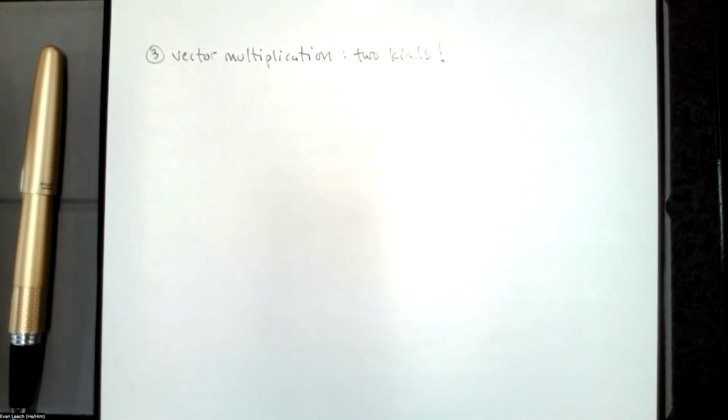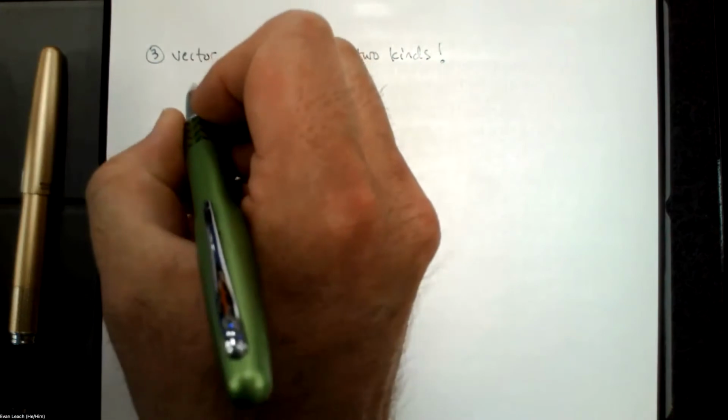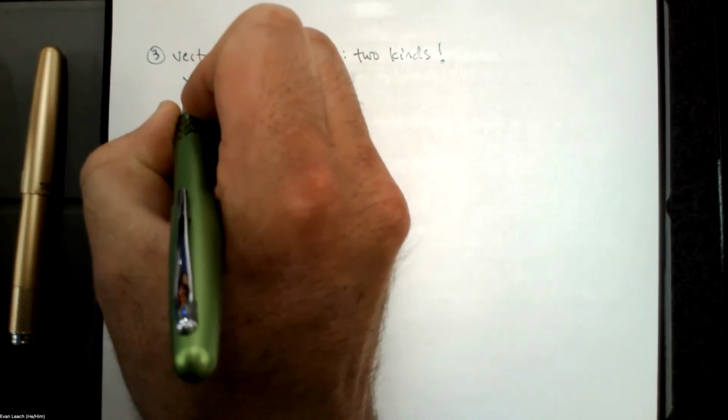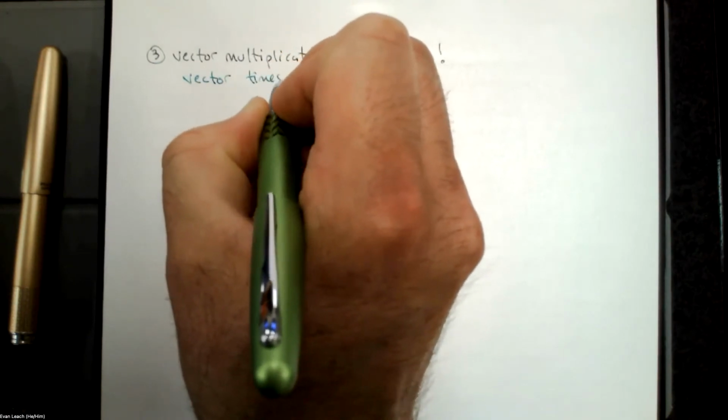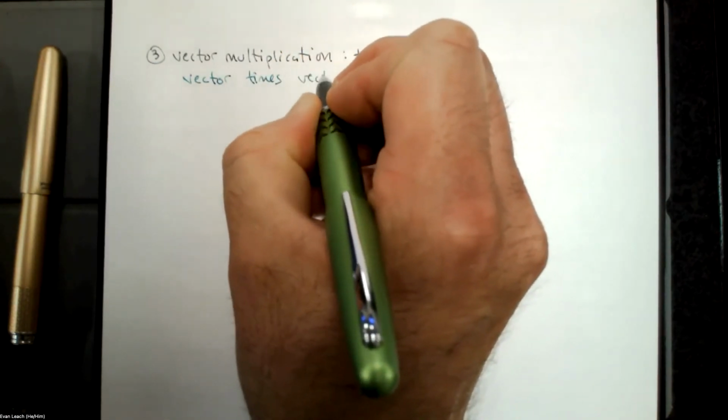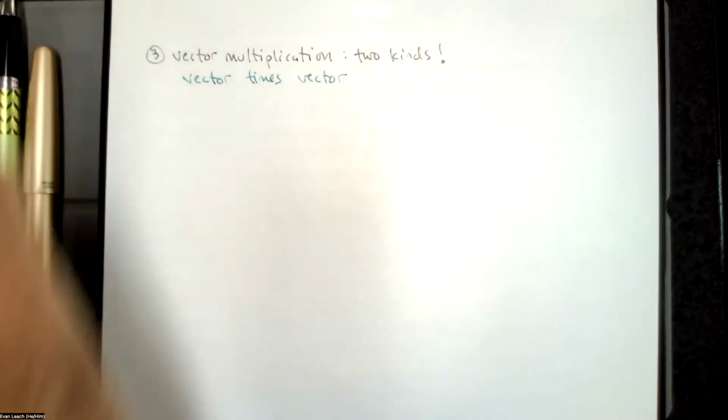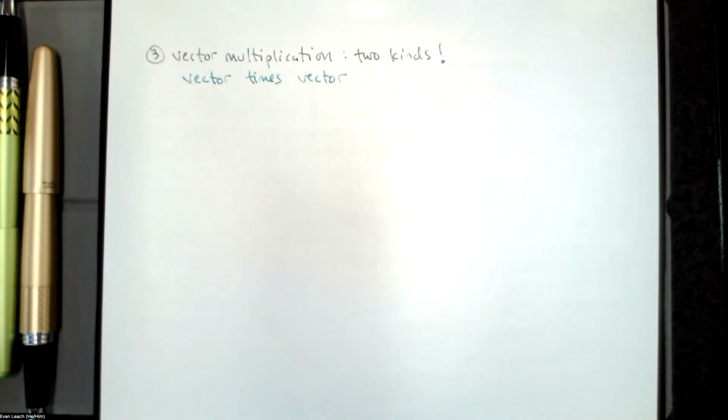In vector multiplication, it's a vector times a vector. And we have two different multiplication operations. That's why I wrote out the word times rather than a symbol, because that's how we're going to differentiate the two. Also, the product will differentiate the two.